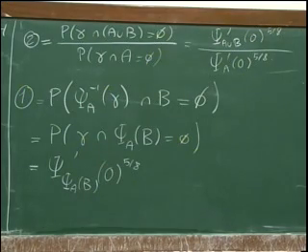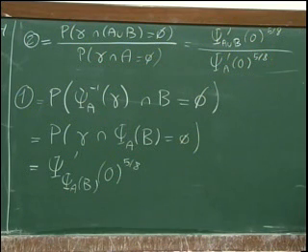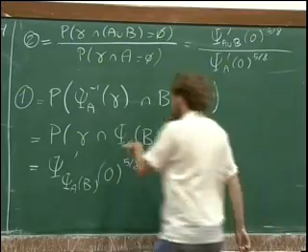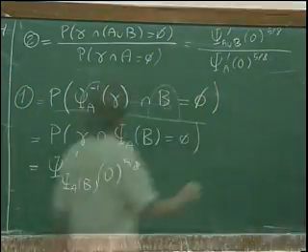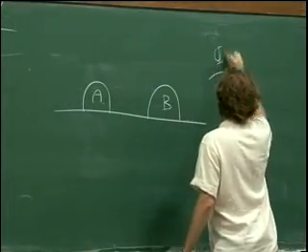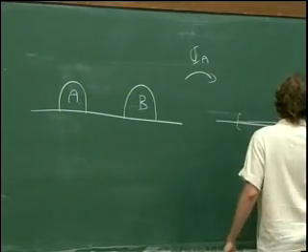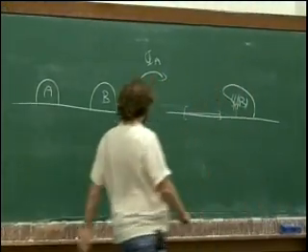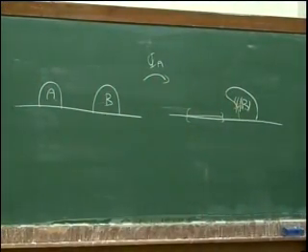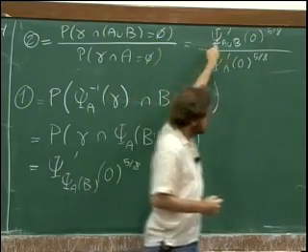So maybe here a picture would be a good idea. I have A, I have B, I have psi A that removes A, and it maps B to psi A of B. So psi A is here. It removes A. It changes B into psi A of B. Then we have psi A union B, which removes everything.